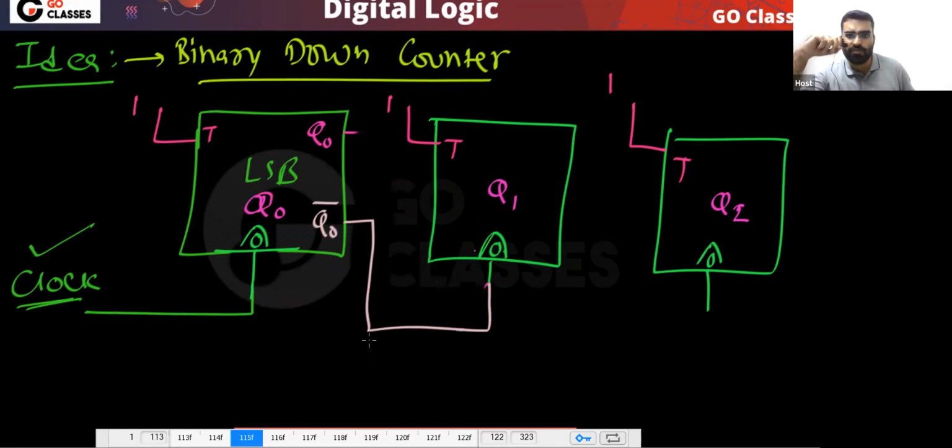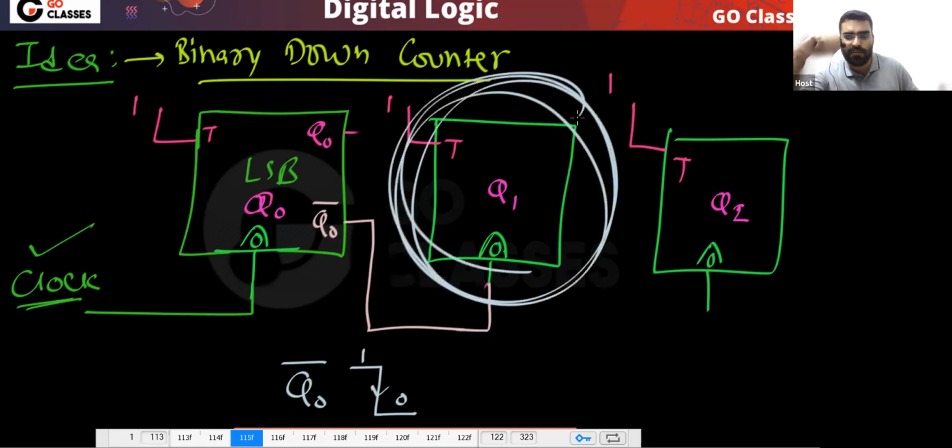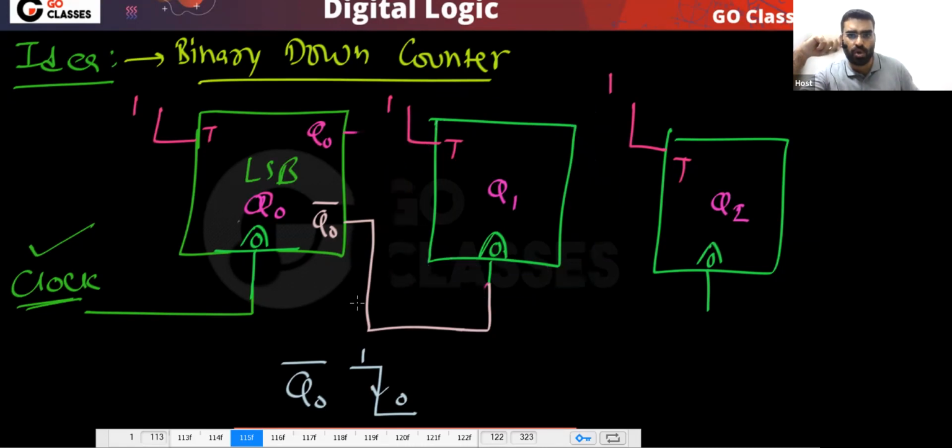Because now this will toggle when this Q0 bar is going from 1 to 0, since this flip-flop is negative edge triggered. And that is the same as when this Q0 is going from 0 to 1. Both are the same, and this is what we want.